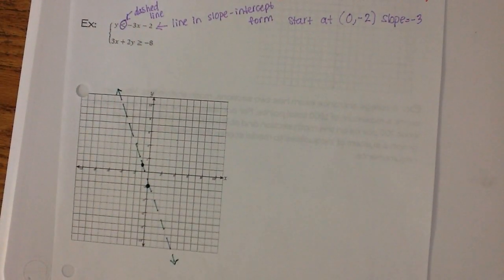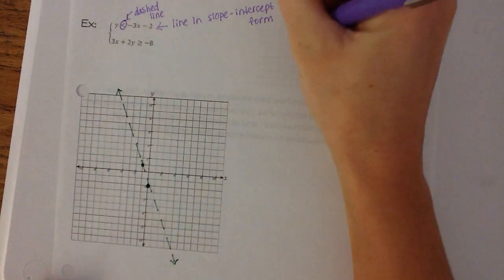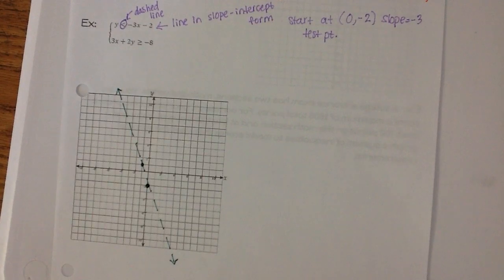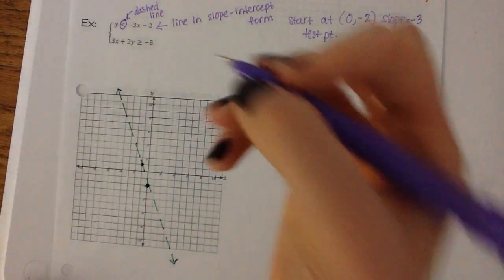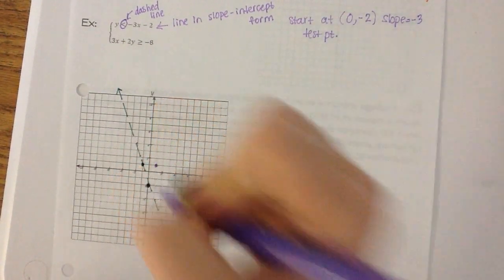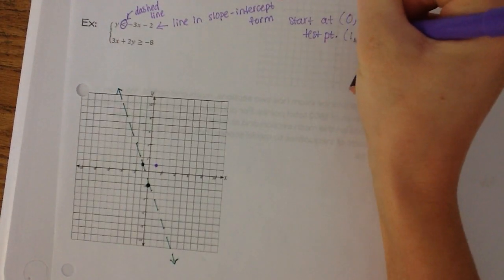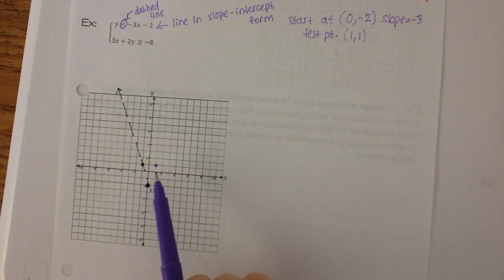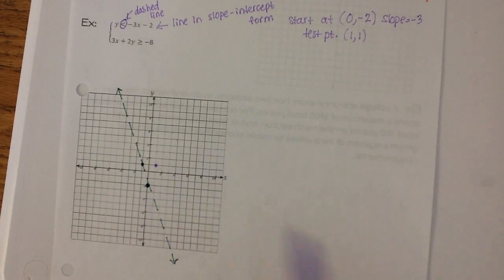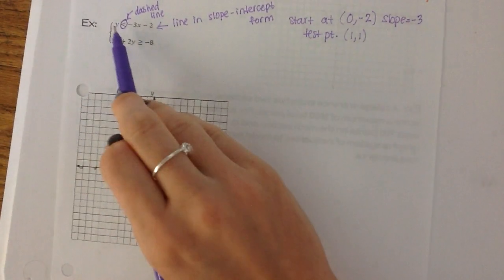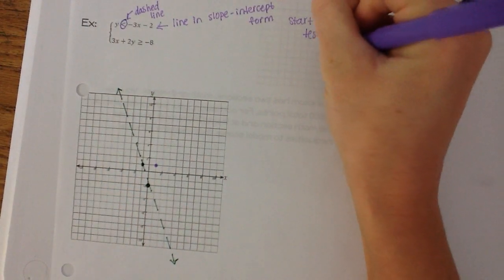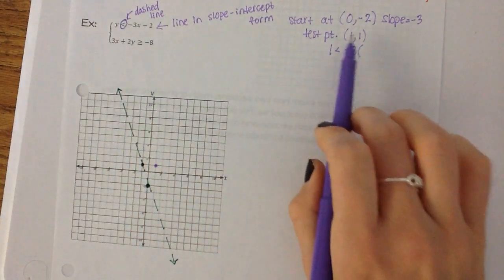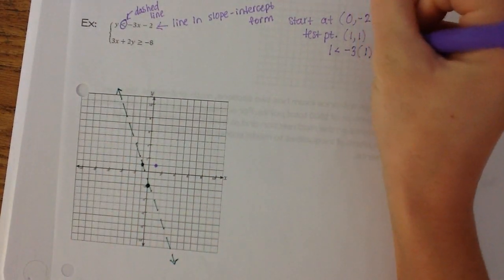And let's go ahead and pick our test point. Let's go ahead and pick, what about 1, 1? Okay, so there's our test point 1, 1. It is not on the line. So let's go ahead and plug it in. We have y, which is 1, is less than negative 3 times our x, which is 1, minus 2.